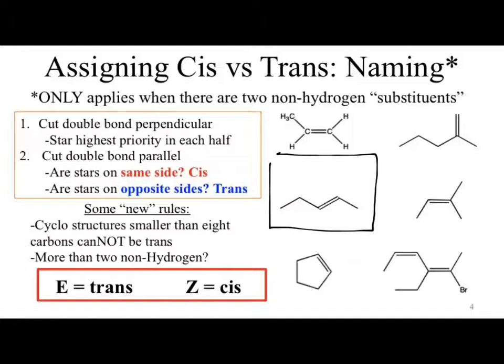Okay? So, as far as determining cis and trans for this structure, we'll cut the double bond perpendicular in half. Okay? So what we'll go through and do is put in our half, okay, perpendicular. And what we're going to do is look at each half of that and determine if there's priority. Okay? We'll star our highest priority atom.